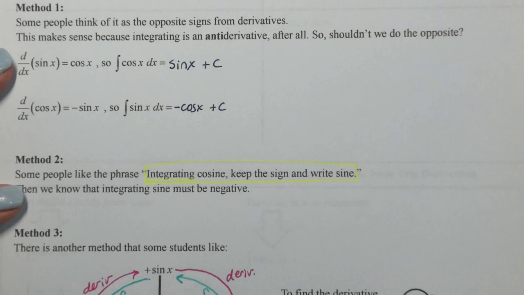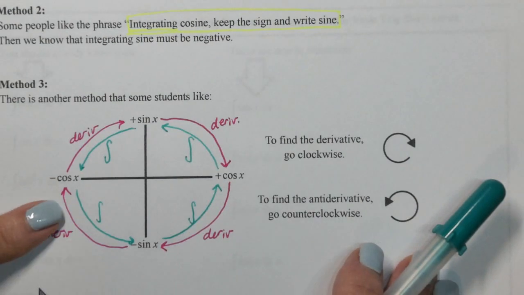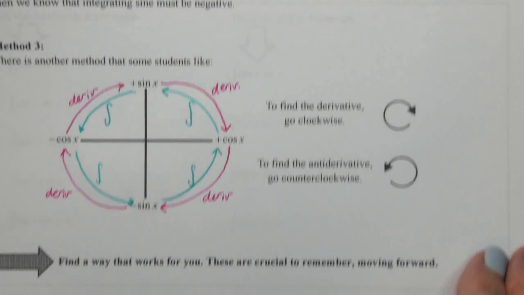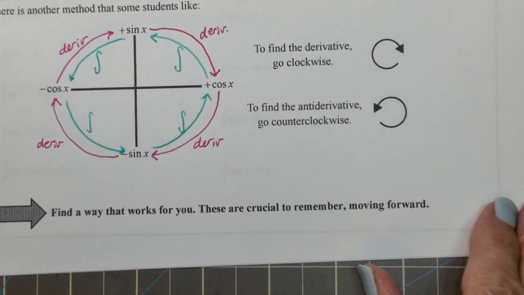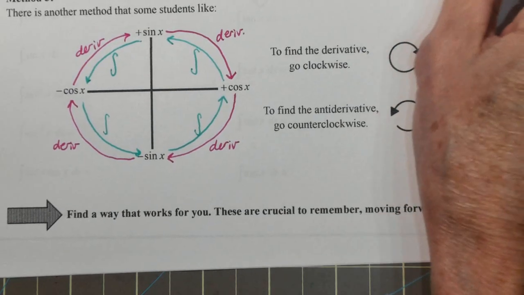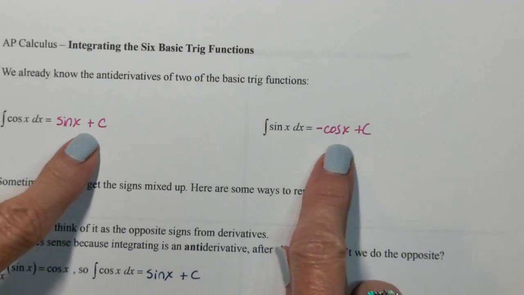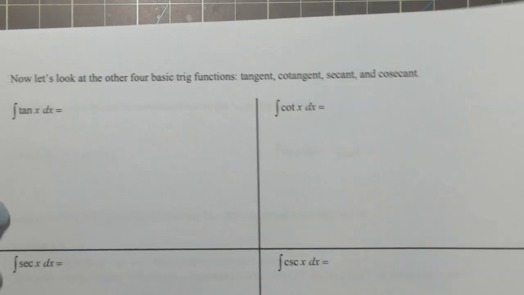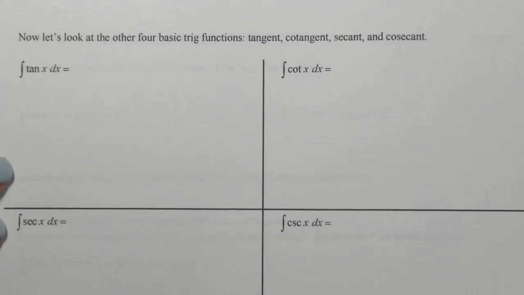But each year I have some students who like that. If it works for you, it works for you. I don't care how you remember it. I just need you to remember it. Okay? So find a method that works for you so that you can always get these 2 right. Seemed like a bit of time to spend on that, but maybe worth it. We will see.